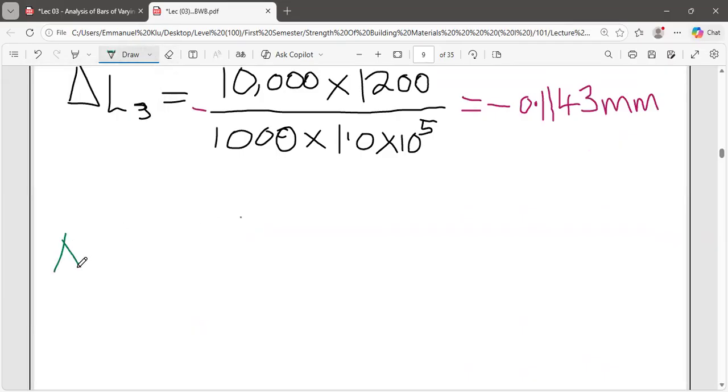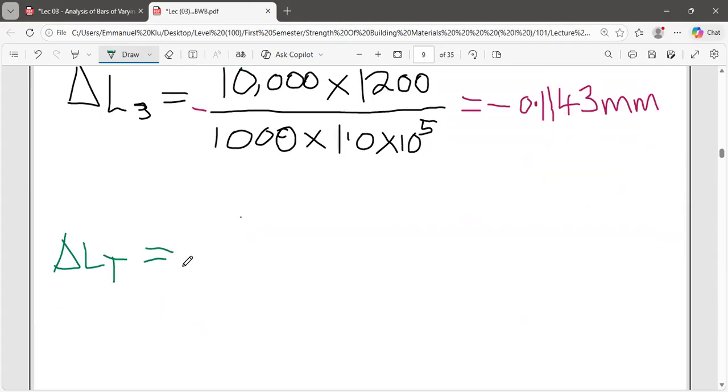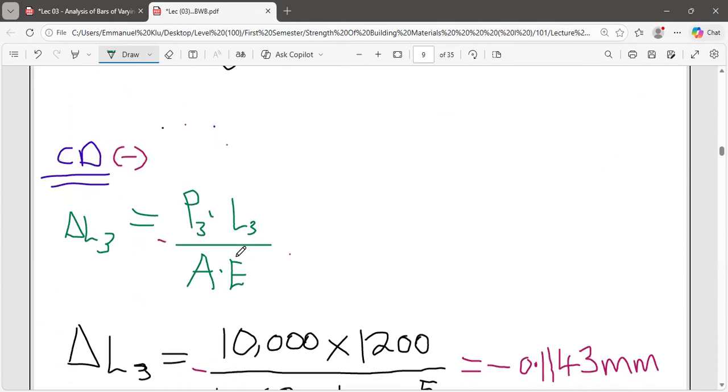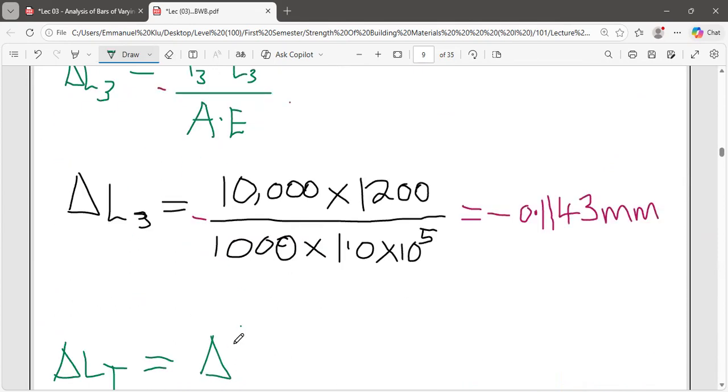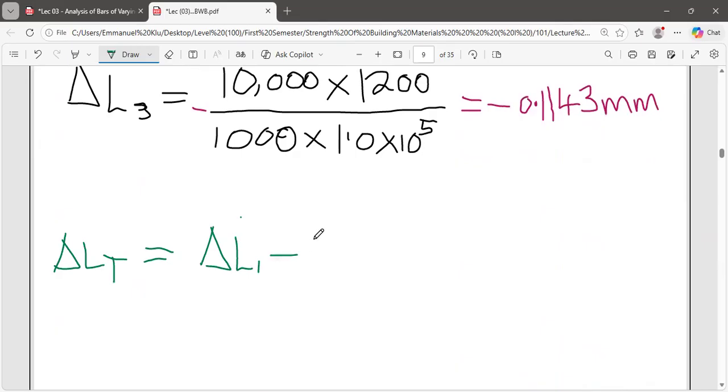My total change in length, as I was saying, according to the formula, is now going to be equal to what? Let's see, let's add all of them. First of all, we said that total change in length is the change in length of material 1, minus that of material 2.